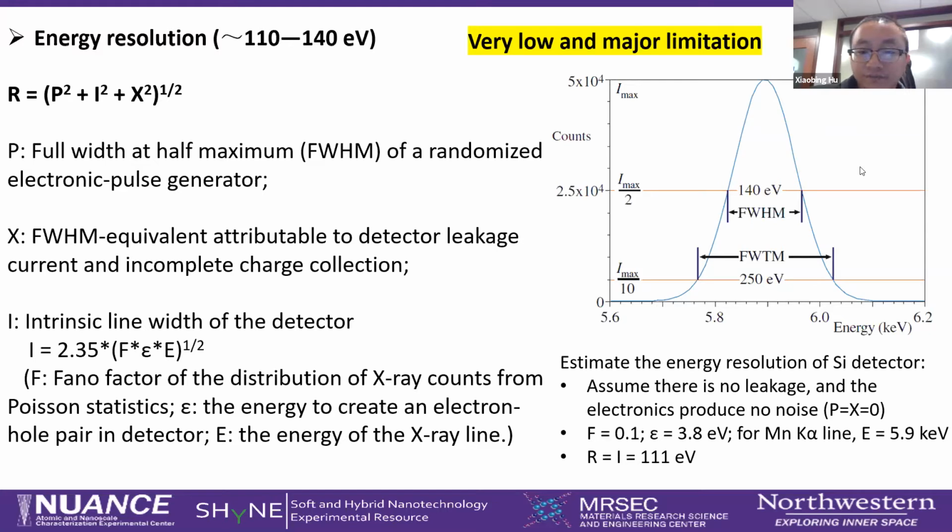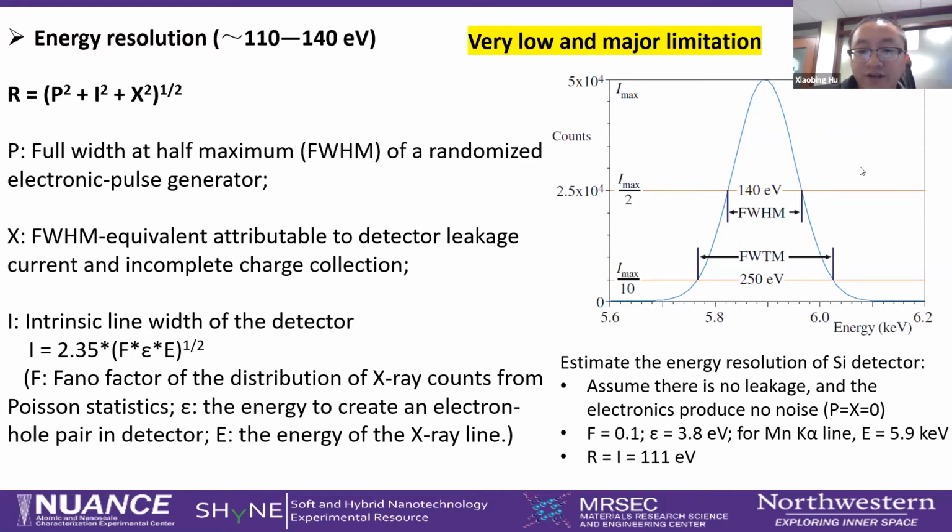If we assume that the detector is a perfect one, there is no leakage, and the only thing is the intrinsic line width of the detector. We can estimate this. For example, let's use the manganese K alpha line. The peak location is 5.9 keV, epsilon for a silicon electron-hole pair is about 3.8, and F is 0.1.